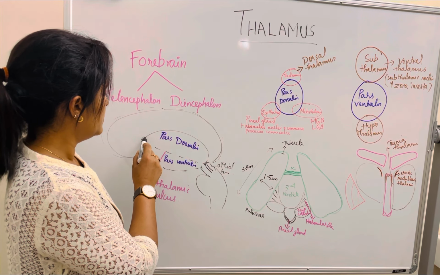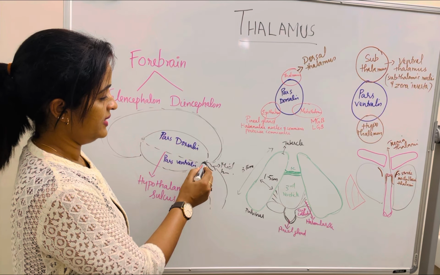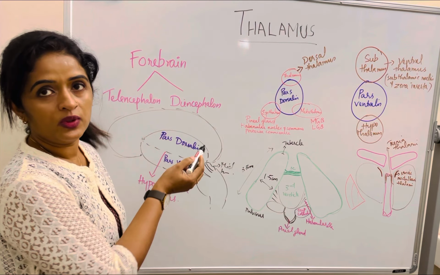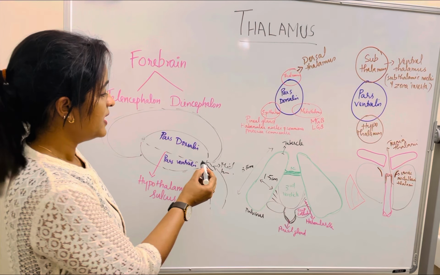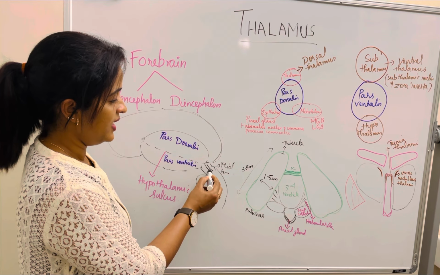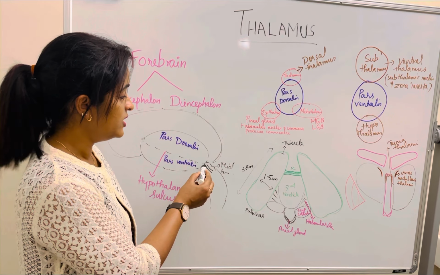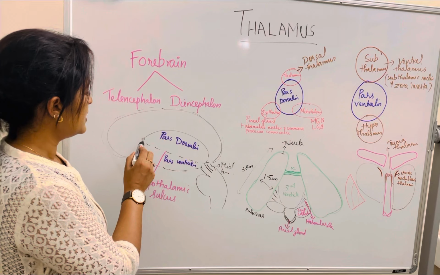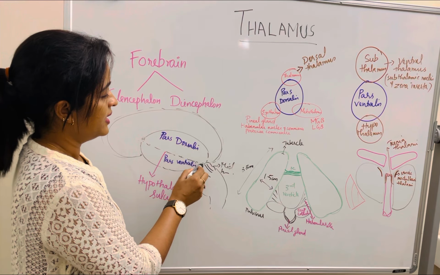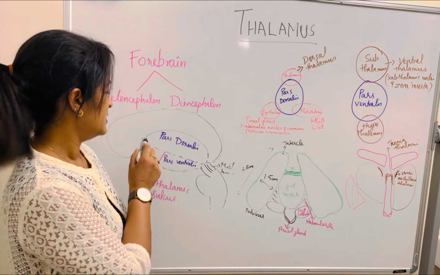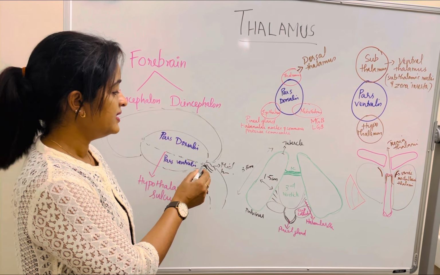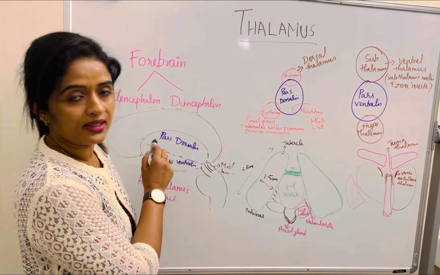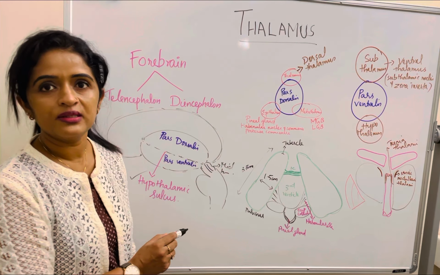Now there are two openings when you look in this aspect. One is the interventricular foramen which you will be getting between the two lateral ventricles, and the other one is actually the rostral end or the cranial end of the cerebral aqueduct which is actually passing through the midbrain. So suppose if you draw a line connecting these two, that is the interventricular foramen and the cerebral aqueduct, the rostral end, you call this sulcus as hypothalamic sulcus.